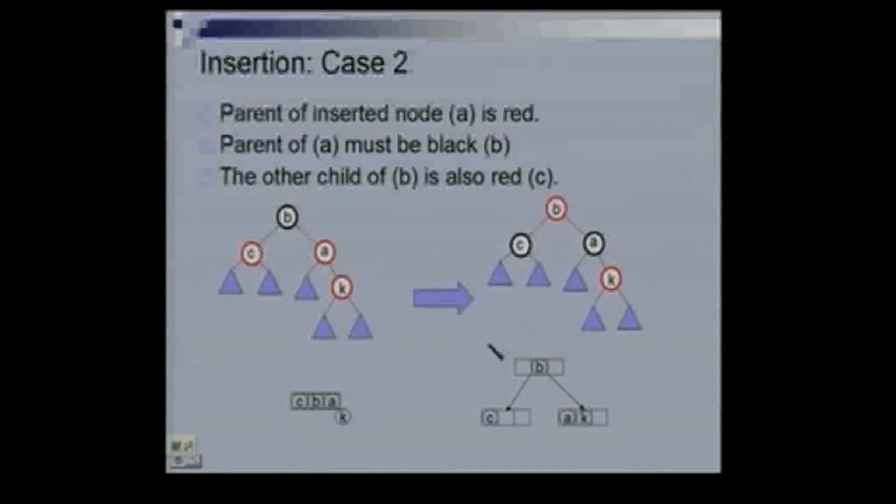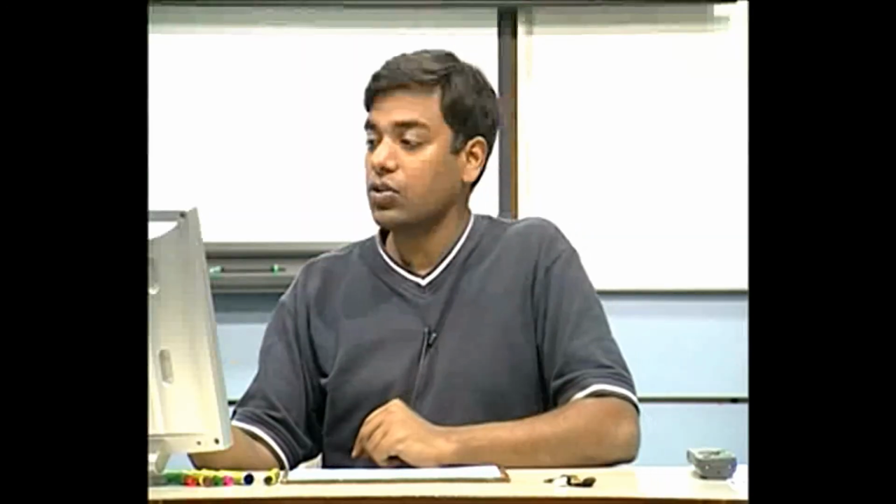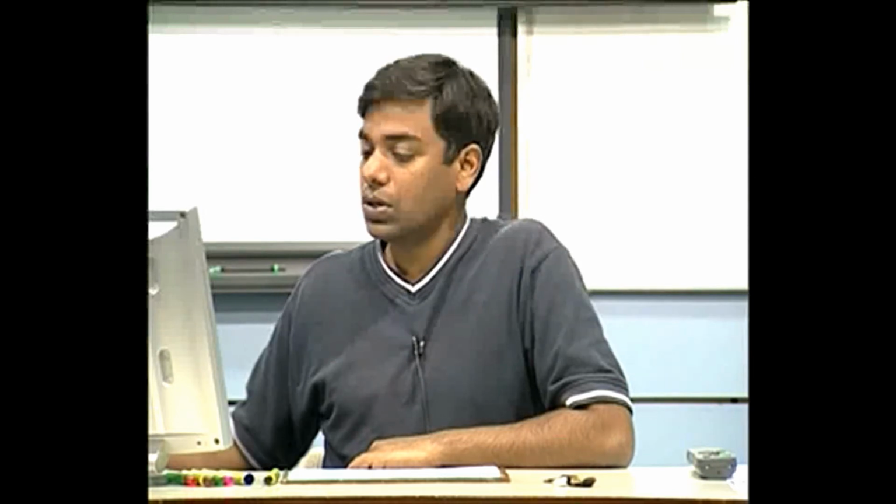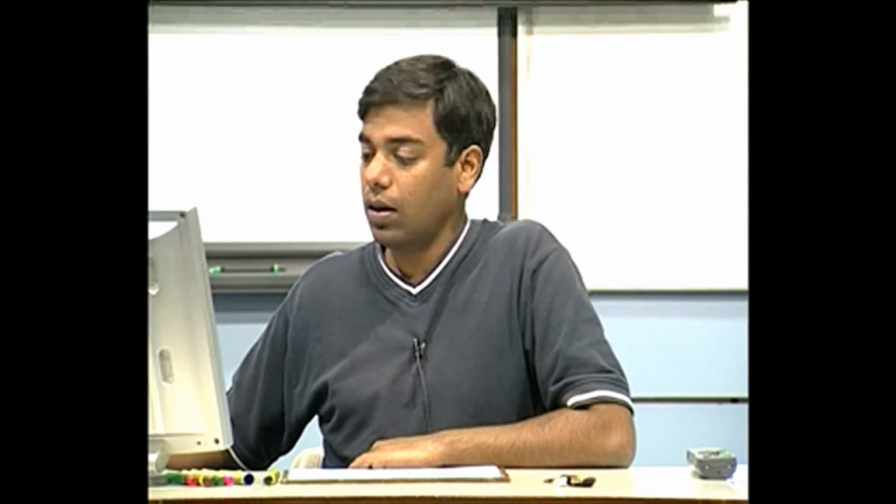Okay. Does this take care of all problems? There are two issues. First, have we created a black height problem? No, right. So, let us say what the initial black heights of all these subtrees should be.